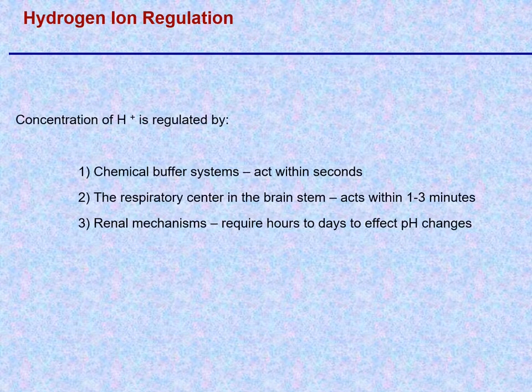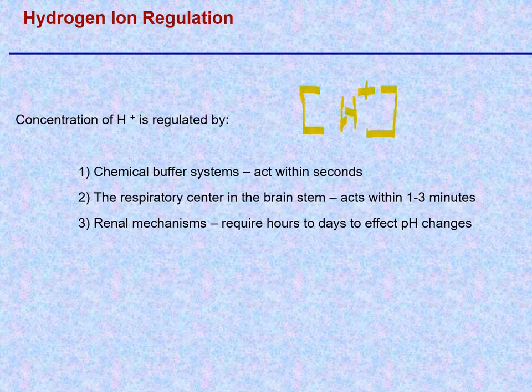The concentration of hydrogen ions in the body is what determines pH, so pH is related to the concentration of hydrogen ions. It is regulated by the chemical buffering systems in the body, which can act within seconds, very quickly, to buffer or reduce any major shift in pH.